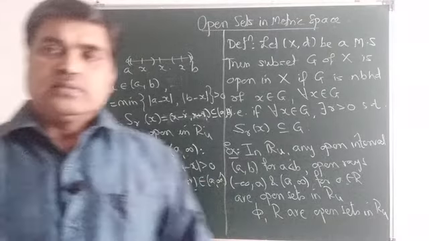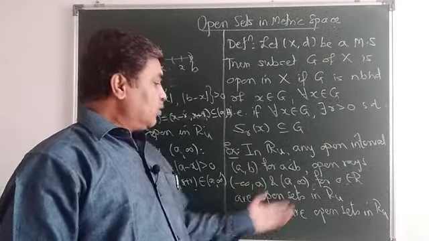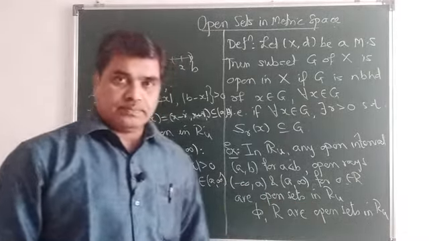On this line, you can check that the open ray (minus infinity, a) and the whole set R are also open.